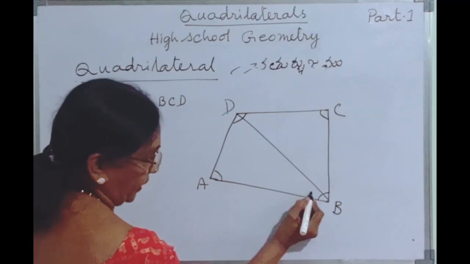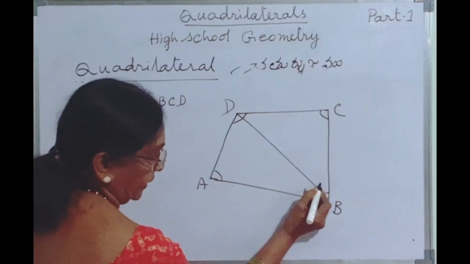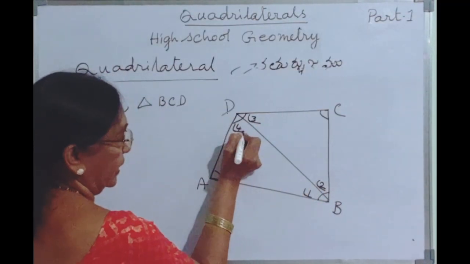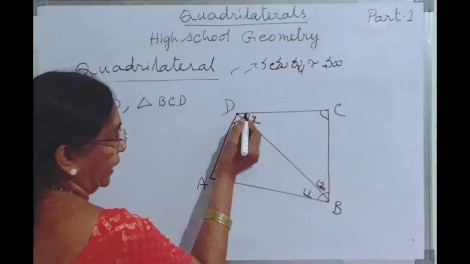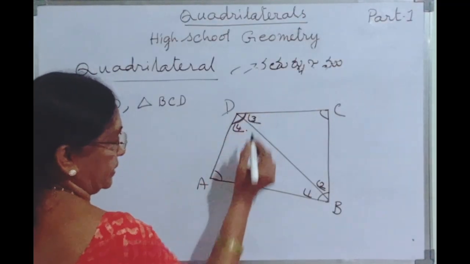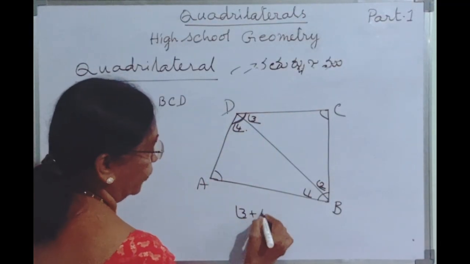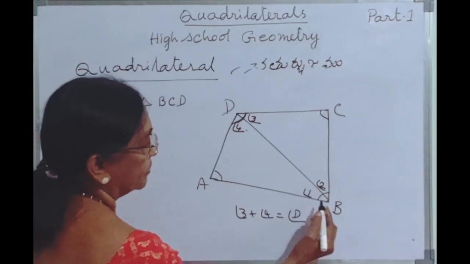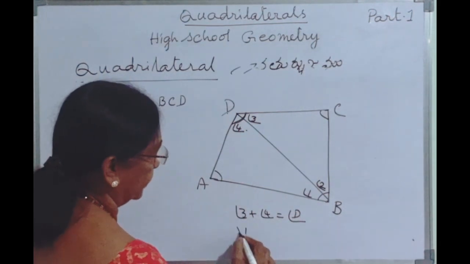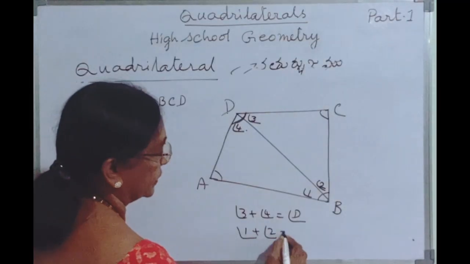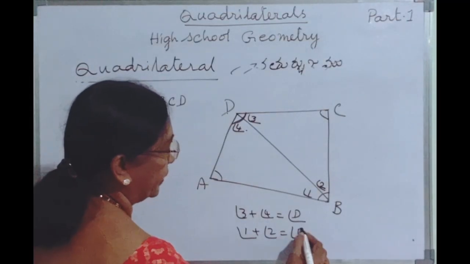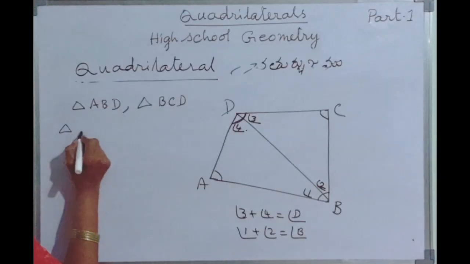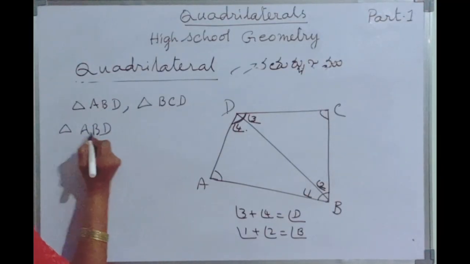Now, let these angles be angle 1, angle 2, angle 3 and angle 4. Here the total angle, angle 3 plus angle 4, is equal to angle D. Similarly, angle 1 plus angle 2 is equal to angle B. So consider the triangle ABD.